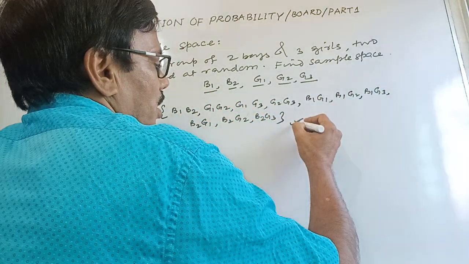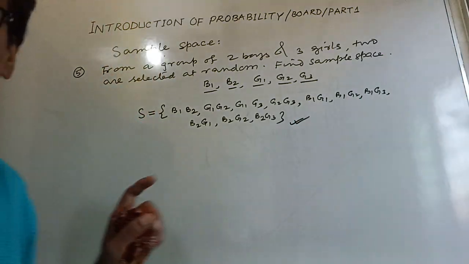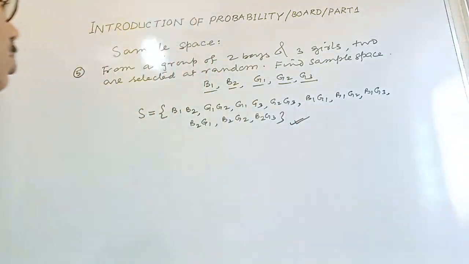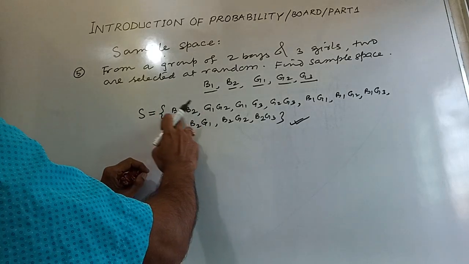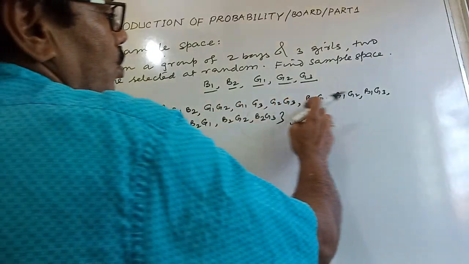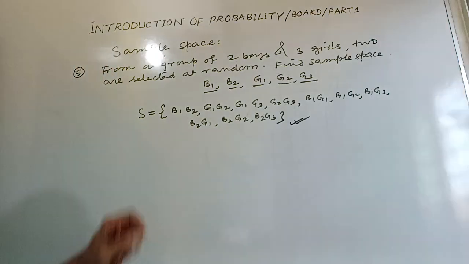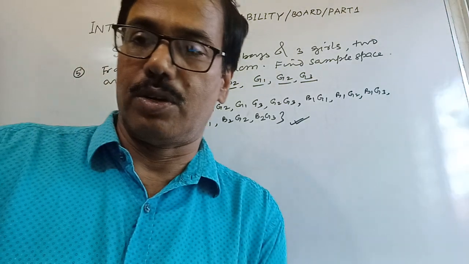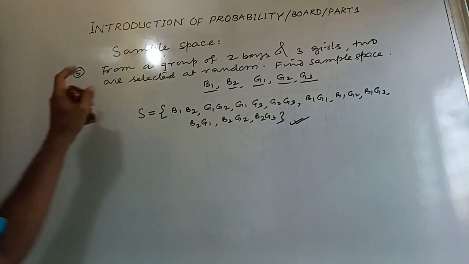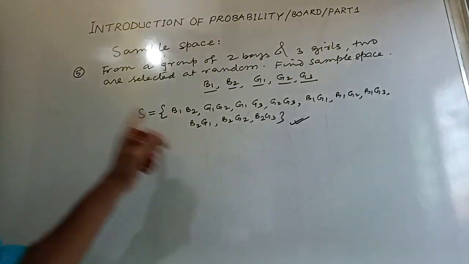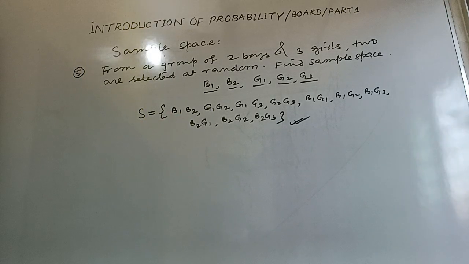If you are a student of class 10, you have to write in this way, thinking 2 boys, 2 girls, 1 boy 1 girl. Now if you are a student of class 11, then you can find the sample points using permutation and combination.